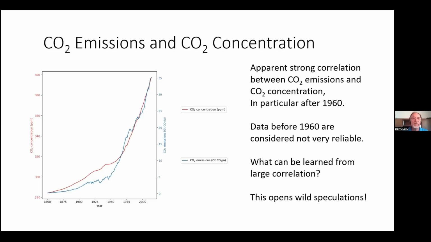We all know the famous example of the storks and the babies. If the number of storks goes down, the number of babies also goes down. But people may draw the wrong conclusions from that. So in general, from a large correlation, typically what you find is that this opens wild speculations.